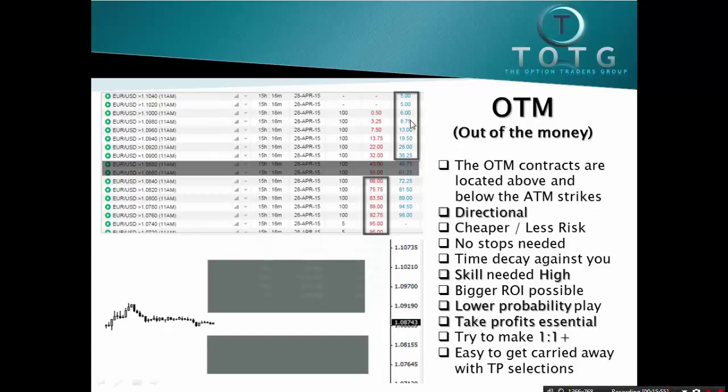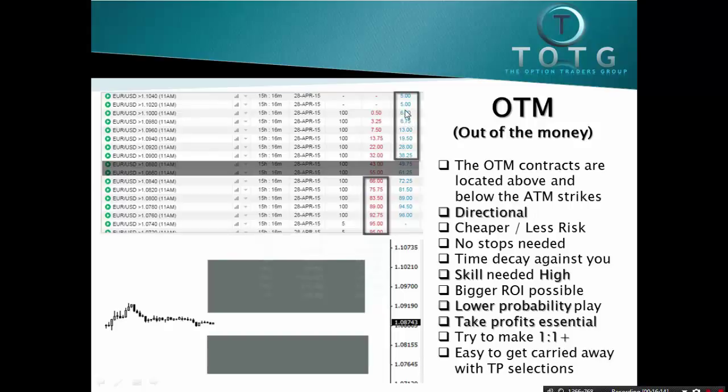Now you can look, here are the buy prices, and I'm going to talk about probability as well in a second. But you can buy this trade right here. You can buy the 1.1000, saying the price is going to be above that strike at 11 a.m. You can buy that for $6. Now the contracts are $100, right?